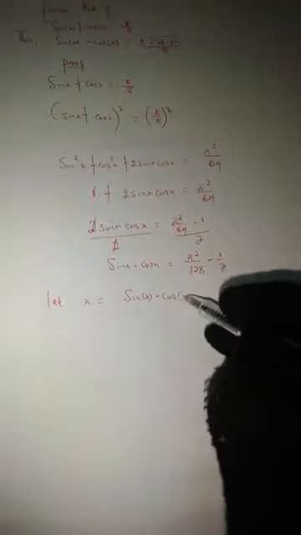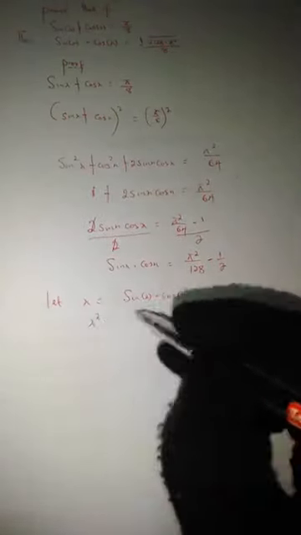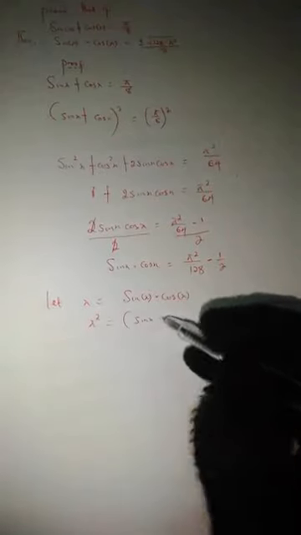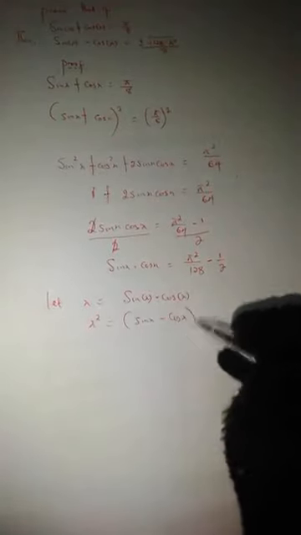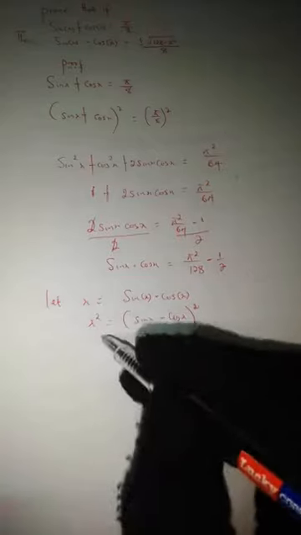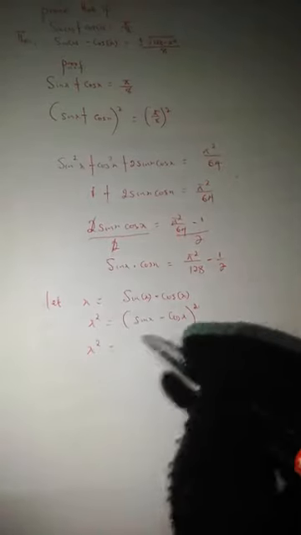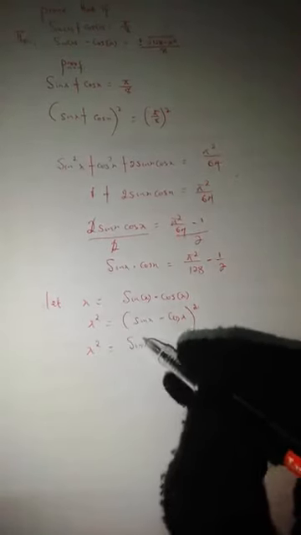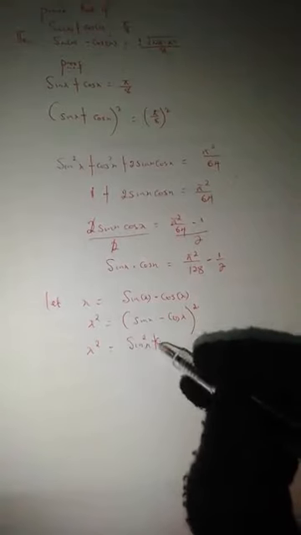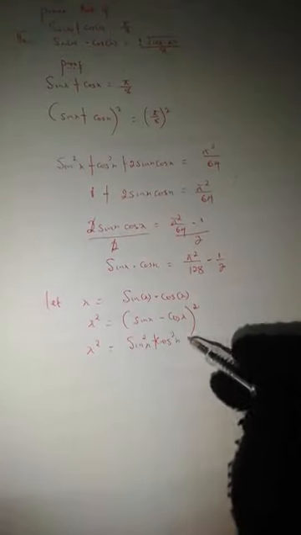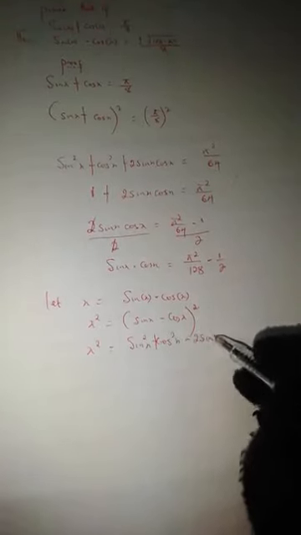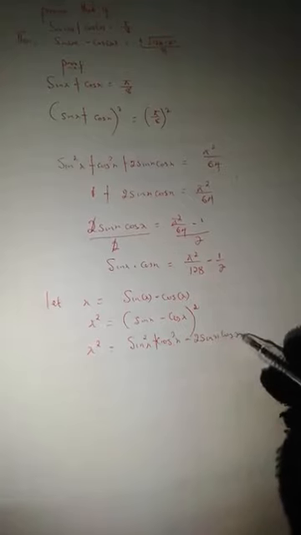Now let x equal sine x minus cos x. So square both sides. We have x squared is equal to sine x minus cos x squared. When we expand this, it is the same as sine squared x plus cos squared x, then minus 2 sine x cos x.